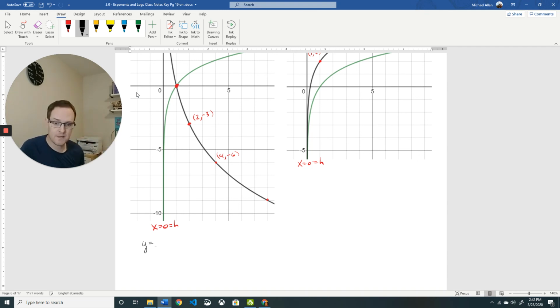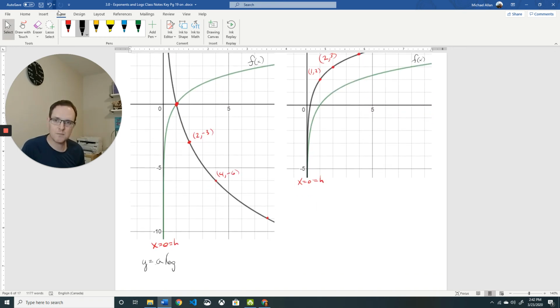All right. So I want to know what my a value is to create this reflection, and it kind of looks like a stretch to make sure it passes through those 3 points there. We know what the log base is. I think the log base up here, if I remember correctly, was 2. Yeah, log base 2.